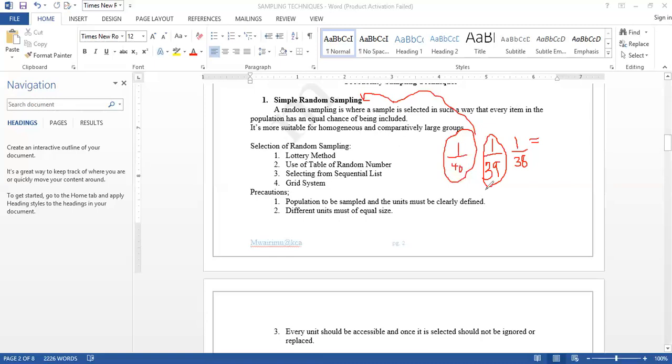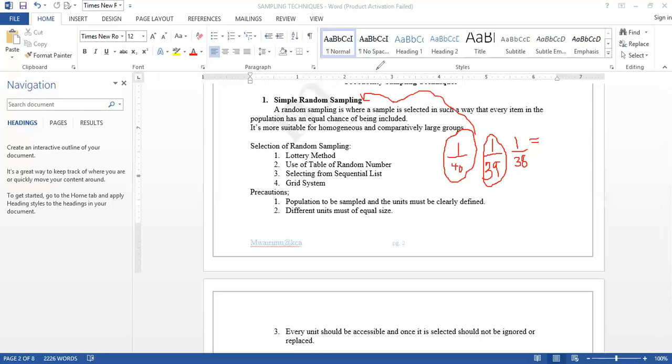You may also wish to select your elements, let's say from that basket, with replacement. Under the case of with replacement, you select an element, take it back to the same basket, and pick another, or even the same, until again you reach the desired number of elements that you want to constitute your sample size.